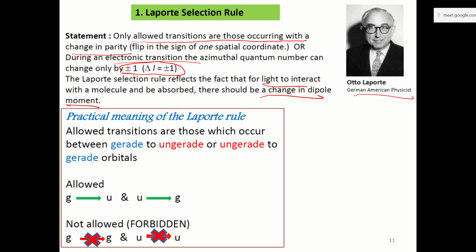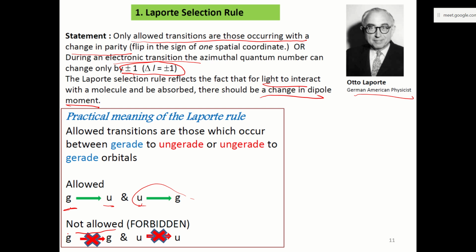So practically, in case of this, because they have center of symmetry, allowed transitions will be one. A dipole will be developed when something goes from gerade to ungerade, center of symmetry to no center of symmetry, or vice versa.